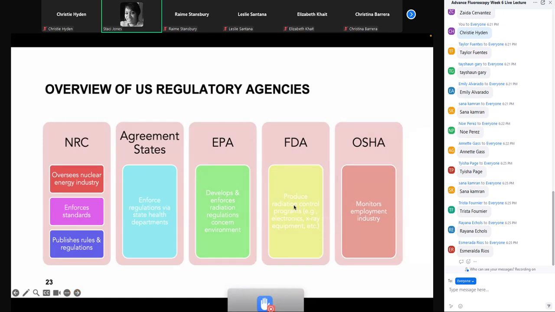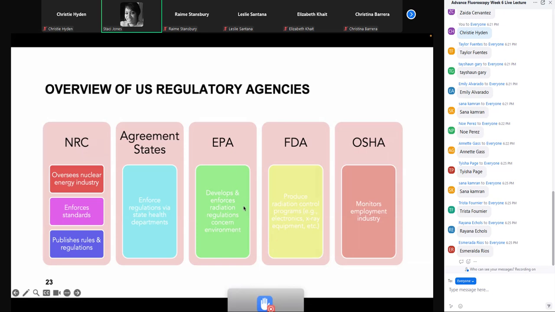So just another breakdown, a summary of each. The NRC oversees the nuclear industry, enforces standards, publishes rules and regulations. With agreement states, they enforce regulations via state health departments. So agreement states have a second layer of regulation at the state level.